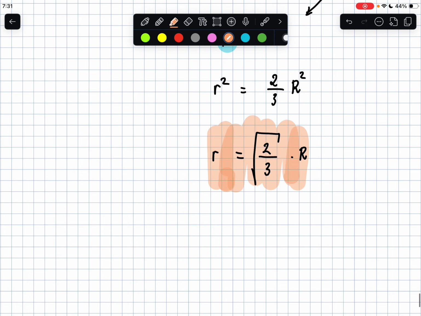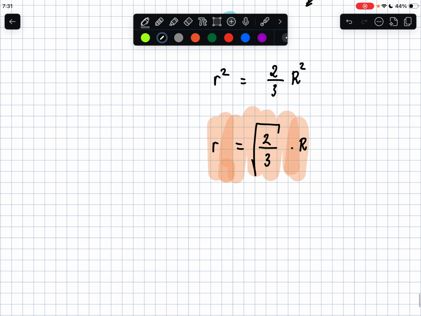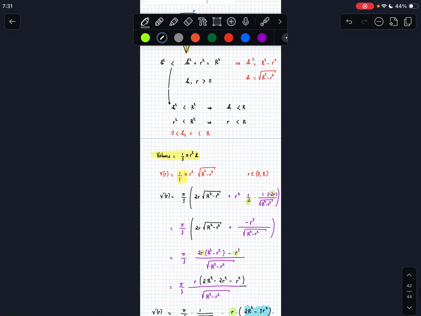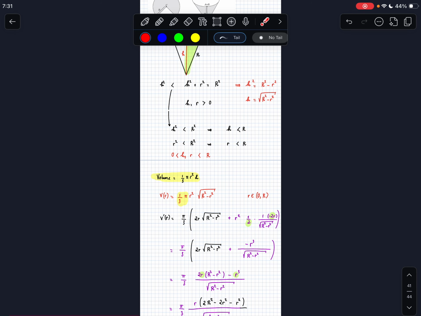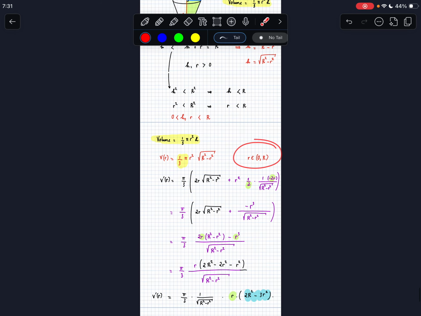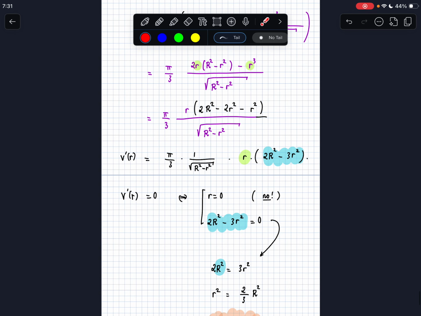Now let's draw the table. We have r from 0 to big R. That is the condition we are working with here. V prime, which is this one.